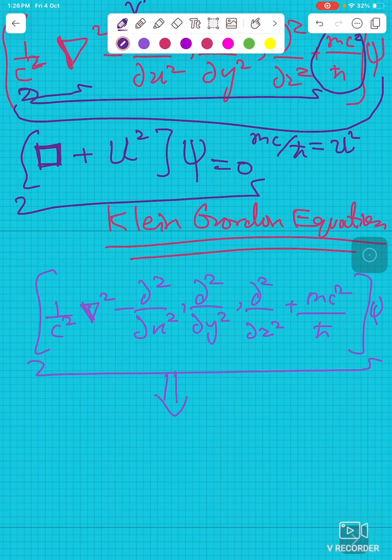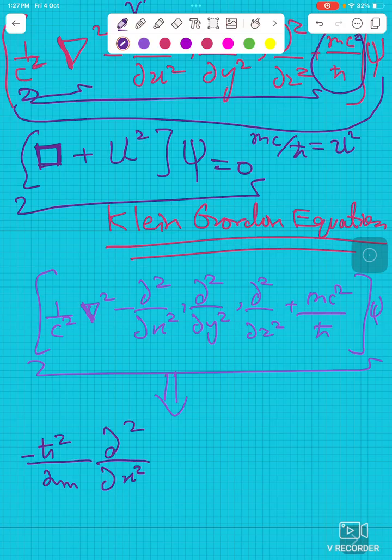This is what the Schrödinger equation looks like: p square over 2m. Wait, it's not the same complex version. Minus I is gone, sorry. Minus h bar square over 2m and d square over dx square.